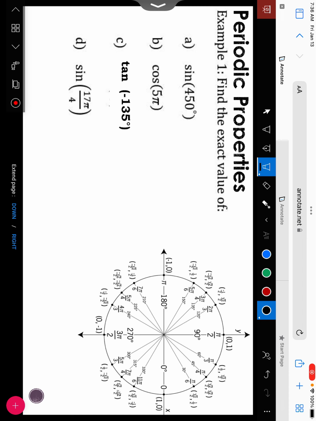So what angle on the unit circle do you think is coterminal with 450 degrees? Not what quadrant, what angle. There's an angle on the unit circle that is coterminal with 450.